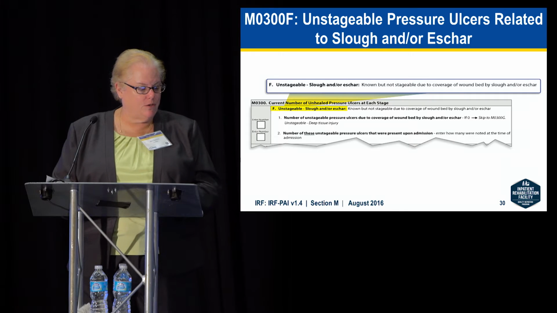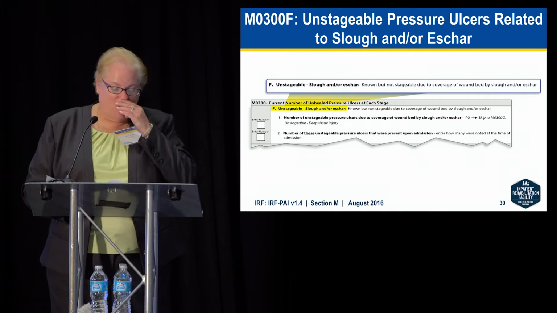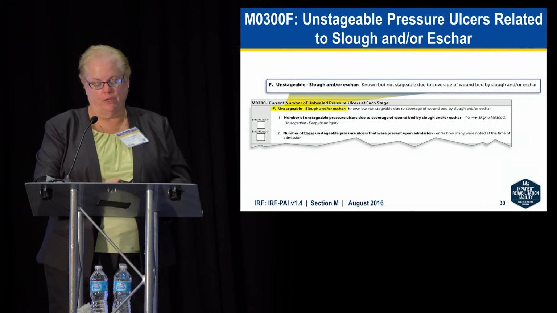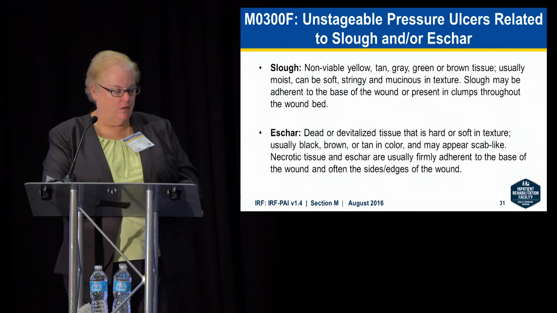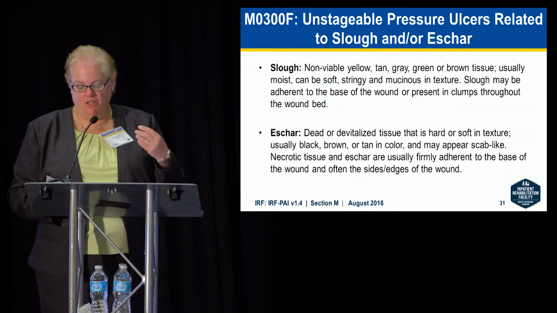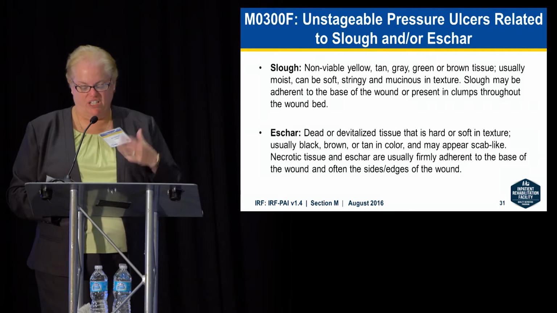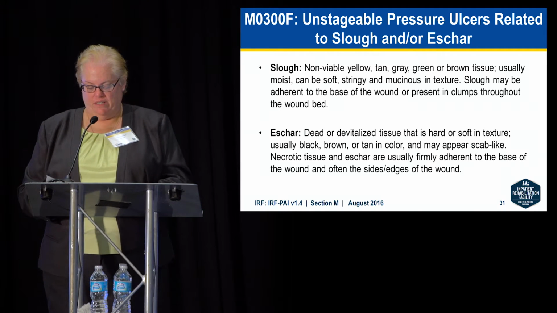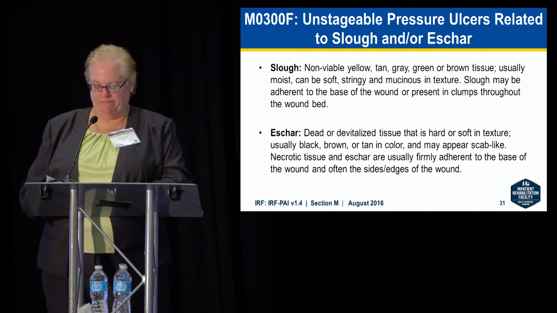Then we have M0300F, which is probably the most common that we're going to have, unstageable pressure ulcer related to slough or eschar. And slough is non-viable yellow, tan, green, gray, brown tissue, stringy, usually moist, can be soft. Not so pleasant.